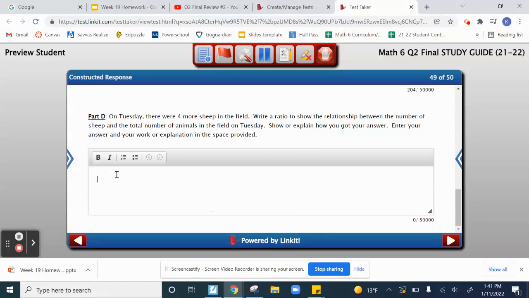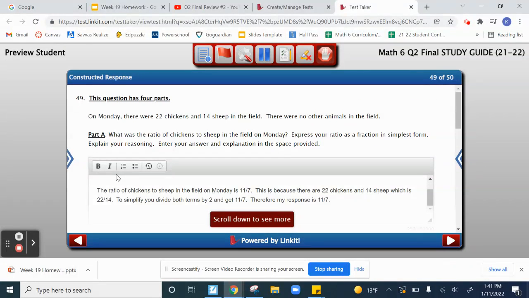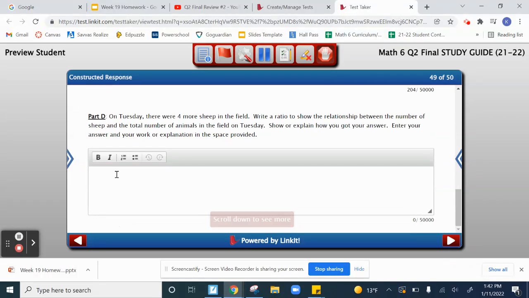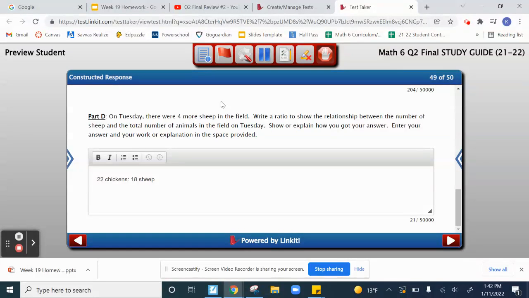All right. On Tuesday, there were 4 more sheep in the field. So on Monday, there were 22 chickens and 14 sheep in the field. But now that means there's going to be 22 chickens to 18 sheep. Because again, originally there were 14 sheep, but now there's 4 more, so now there's 18 sheep.